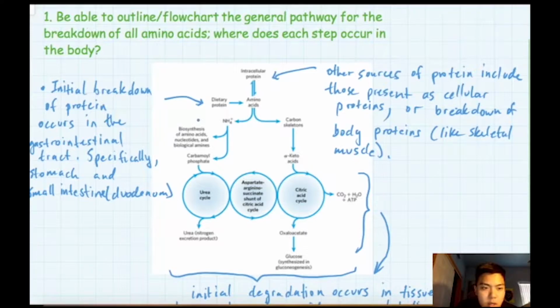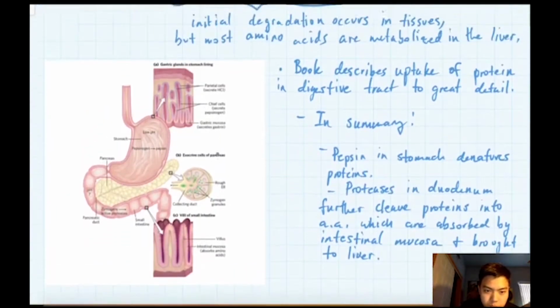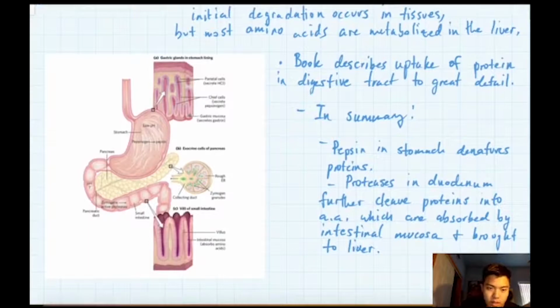So essentially, the first way, dietary protein, that's going to come from our GI tract, and the book goes into great detail how we do this, but the objectives don't say that we need to know.